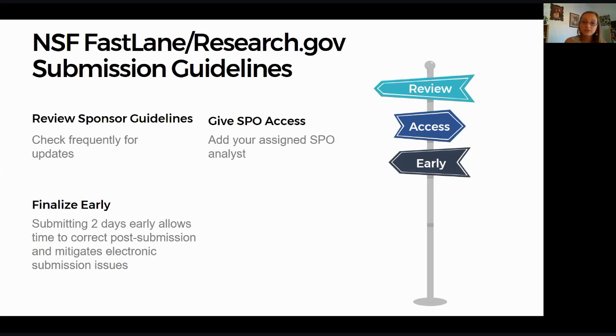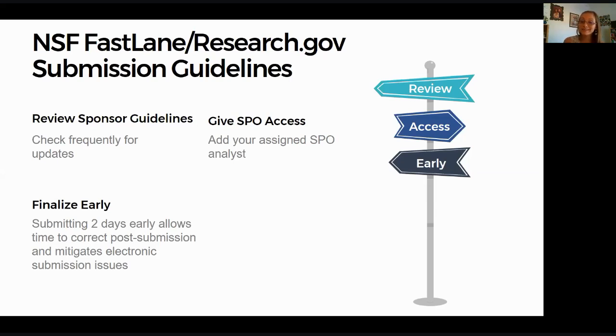Then finalize early. We really try to submit proposals to federal sponsors 2 business days before they're due. Federal sponsors request that we do that because it gives that buffer if there are technical difficulties, for one. So oftentimes, if you submit to a sponsor and there's a technical glitch and it's 5 minutes late, sometimes that federal sponsor will be like, too bad, we're not looking at it.